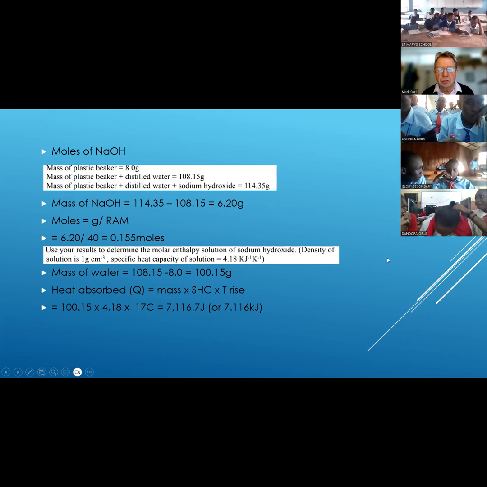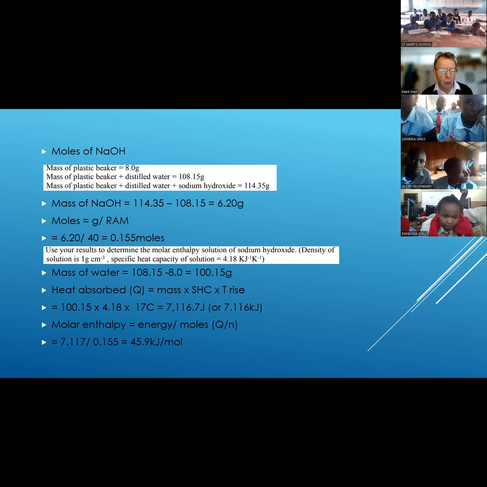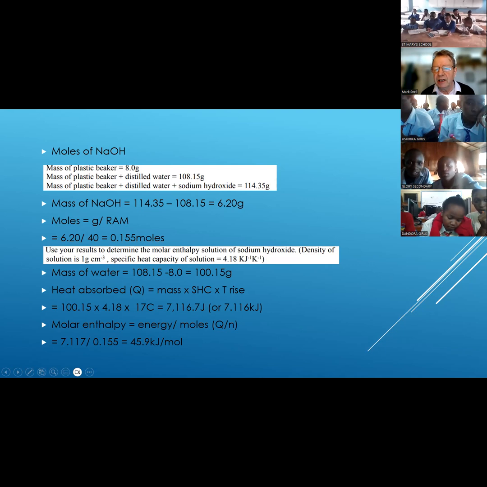Then we have to divide that by the moles of the sodium hydroxide, which we've worked out up here. So we have 7.117 kilojoules, or 7,116 if you're using joules, divided by 0.155, which gives us around about 46 kilojoules per mole.